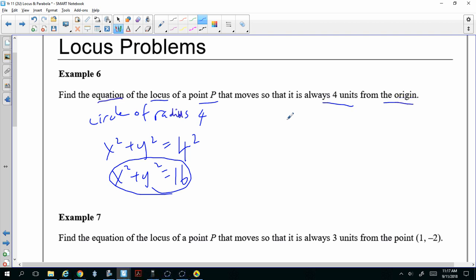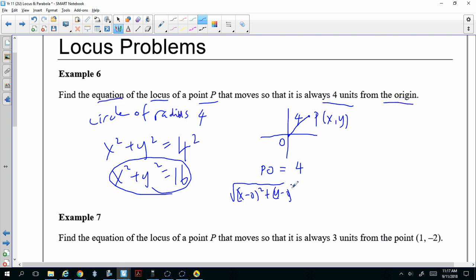The next question is, how do I do it algebraically? So what you do is, you draw the diagram, start with the point P, which has coordinates x, y, and the distance from the origin is always going to be 4. So we use the distance formula, PO equal to 4: square root of x minus 0 squared plus y minus 0 squared equal to 4.